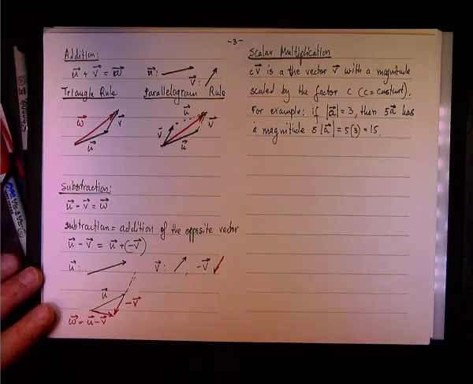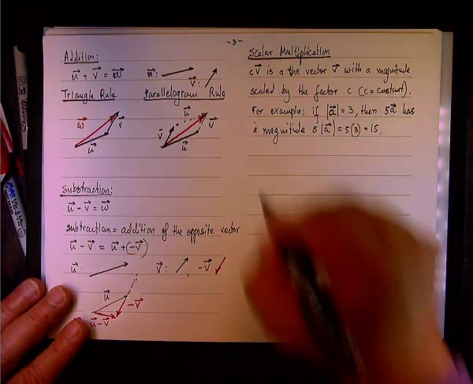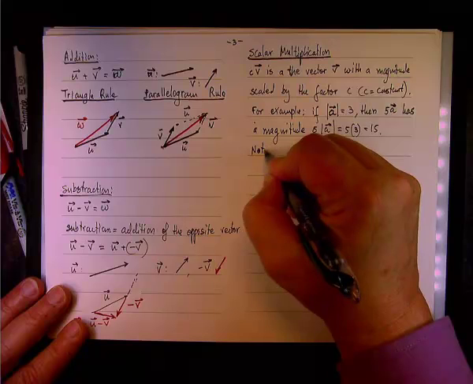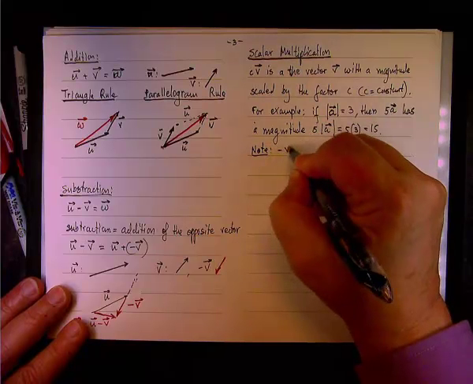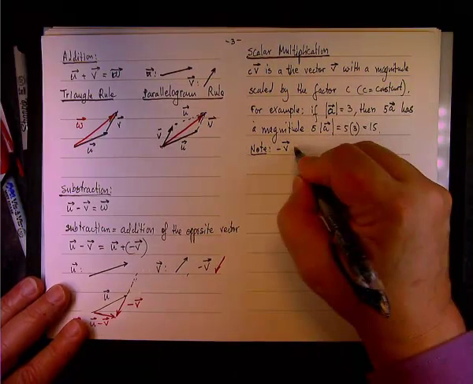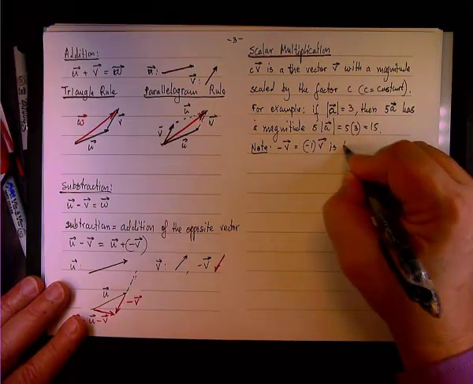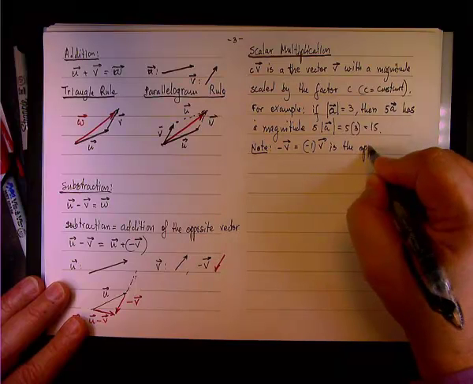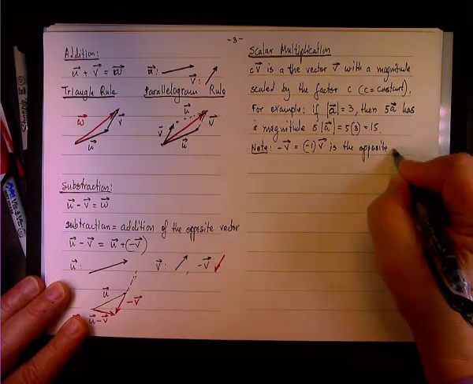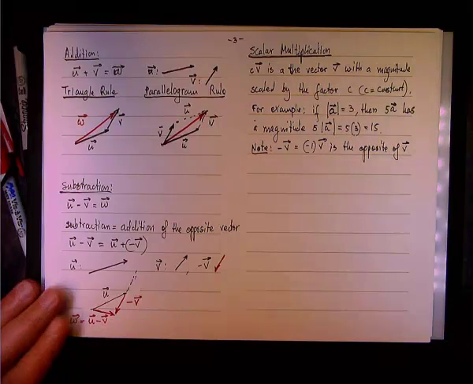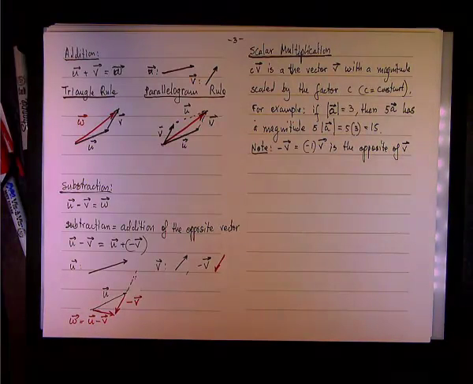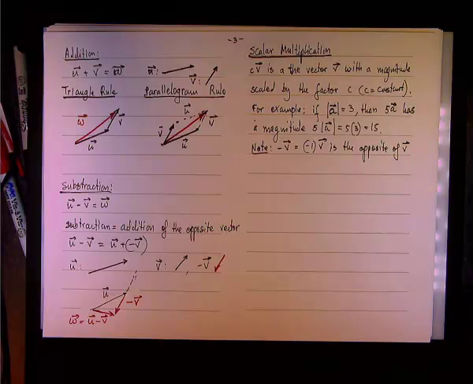Okay. So this is how it works. And of course, we already know that the opposite vector, negative v, we can write as negative 1 times v. And this is true regardless of dimension. So this was a quick refresher.